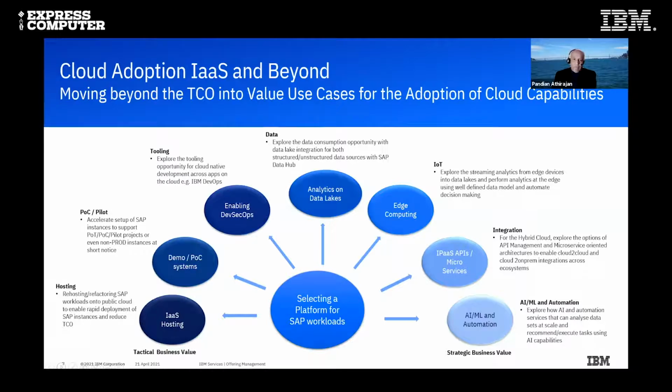So that's why we put the spectrum of scenarios here. If we go from left to right, if you look at the bottom of the screen here, we talked about just moving to cloud. This is just hosting of your SAP on the cloud.